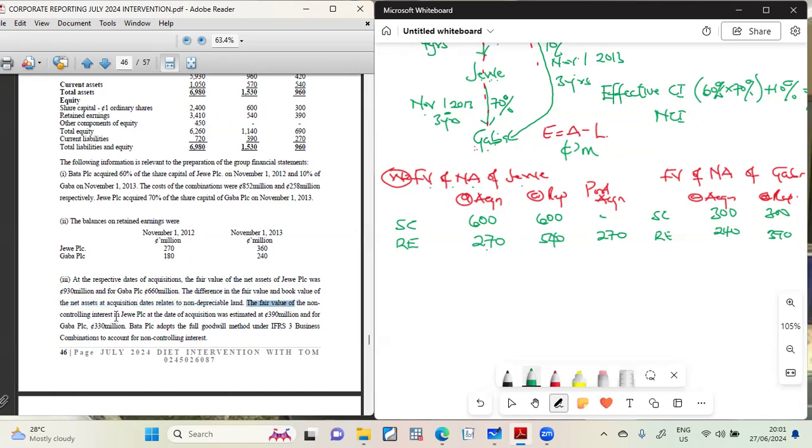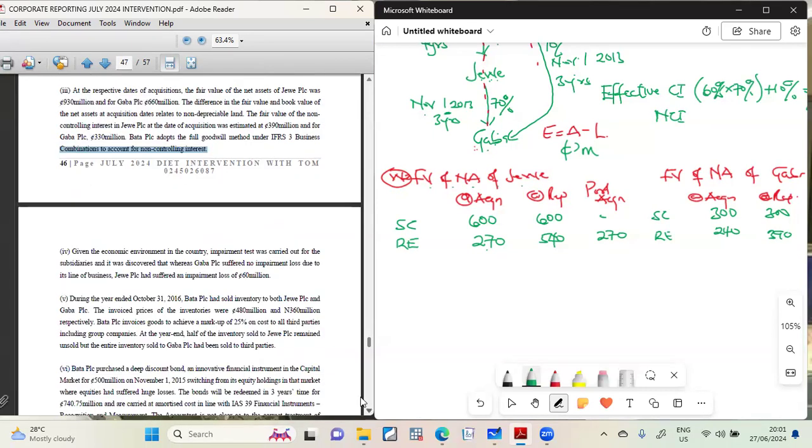The fair value of the non-controlling interest in Jewe at the date of acquisition was estimated to be 390, and for GABA 330. These are the values of the NCI at fair value at acquisition. And it says that Beta adopts the full goodwill method, which means they adopt the fair value method under IFRS 3 Business Combinations to account for the non-controlling interest. All right.